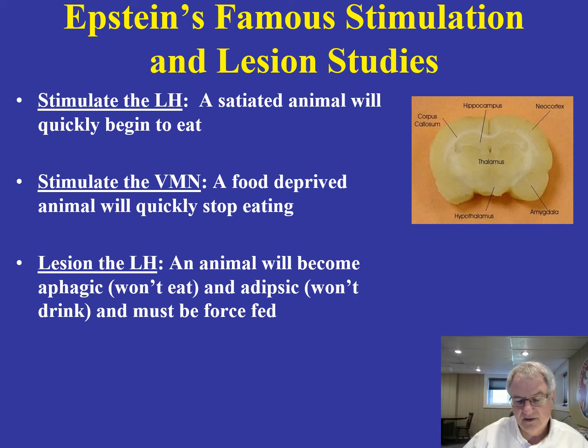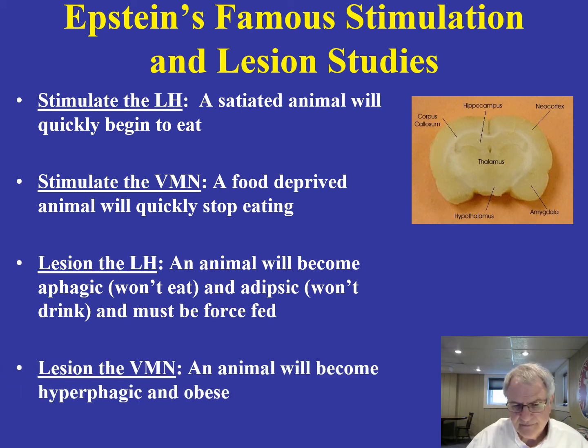They start to eat a little bit, but typically nowhere near what they were eating in the past. If you lesion the ventromedial nucleus, what typically happens is, again, the animal becomes hyperphagic and obese.